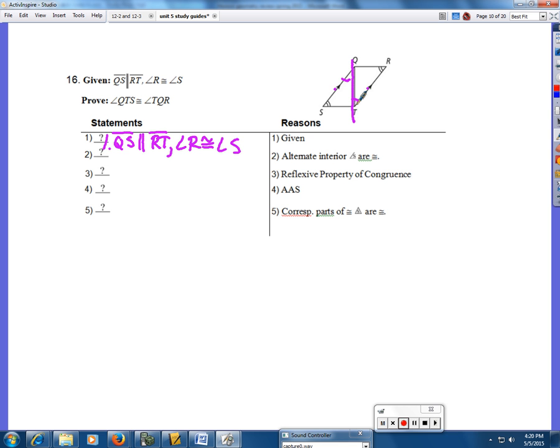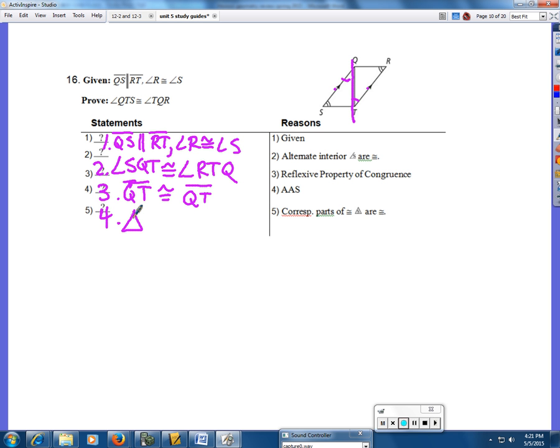So I'm going to say angle SQT is congruent to angle RTQ. So that's your number 2. 3, reflexive property, is just that segment that the two triangles share. So number 3 would be QT is congruent to QT. 4, since it's angle, angle, side, that means I'm showing two triangles are congruent.